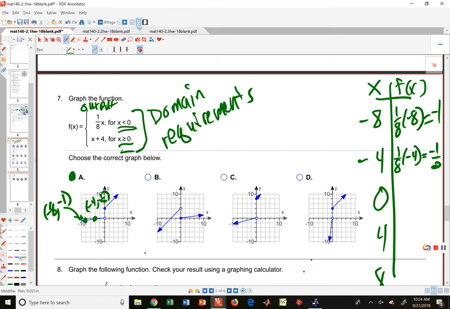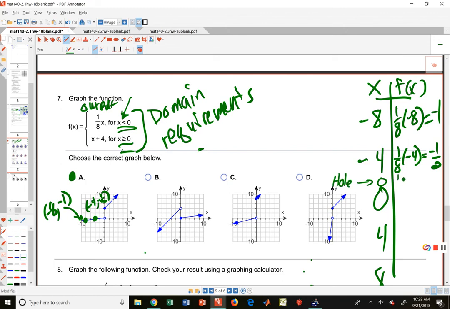Now at 0, you've got to be really careful at 0. 0 is not defined for that first inequality. 0 is not less than 0. So we actually don't use this. In fact, if you did use it, I like to call this a hole in the function.